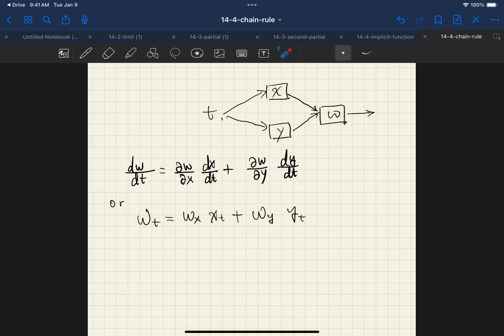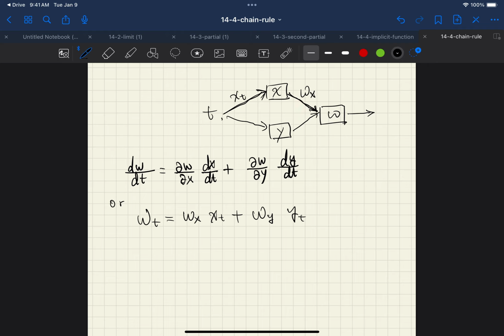This is one route, and another path is coming from here. Then we need to calculate each link for its differentiation and put them together as a chain rule. So for this, the differentiation gives the rate w_x. This gives x_t. Then if you put them together, you need to multiply the ratios for the chain rule.